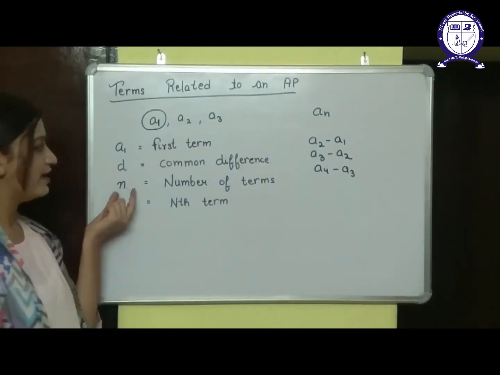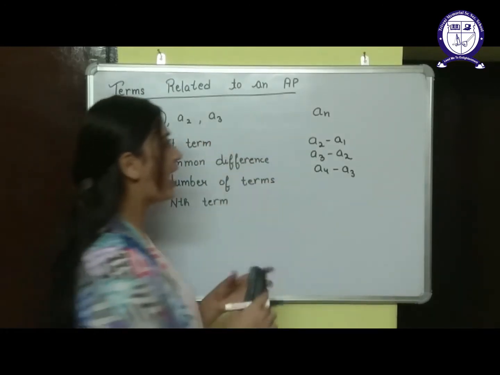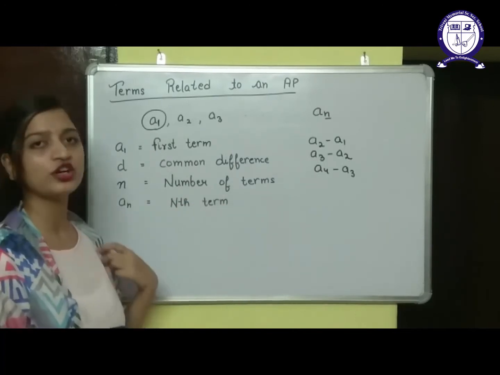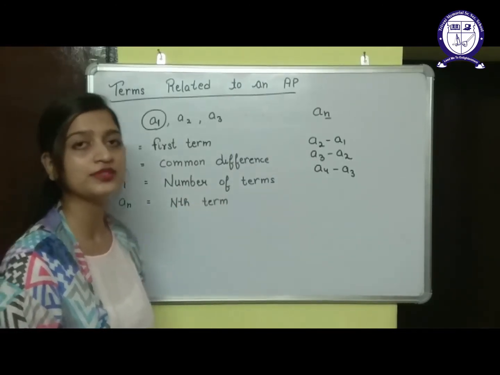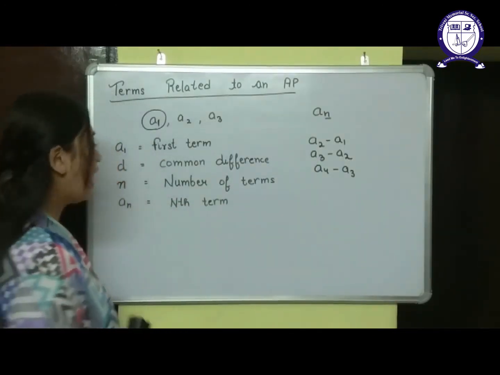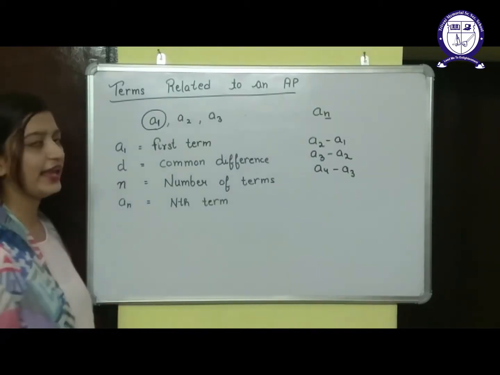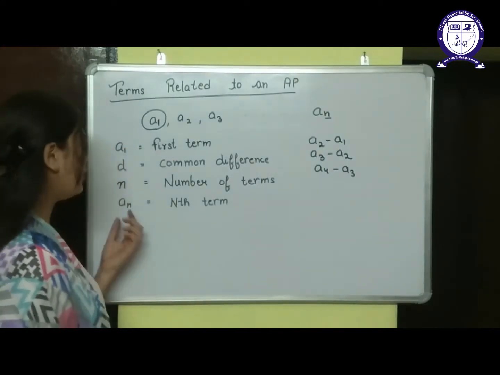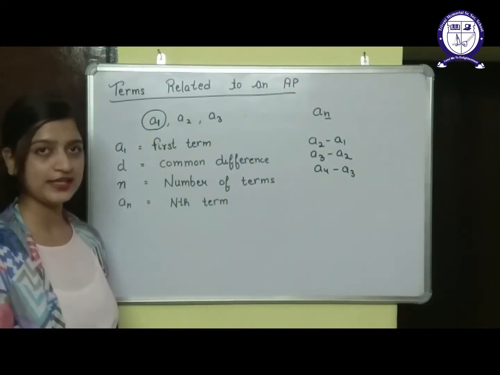Now third is N. You can see that in this AP I have this N. That is my number of terms in the AP, that how many terms this AP has. And last is AN. AN means that is nth term. Now the value of AN keeps on changing. How?